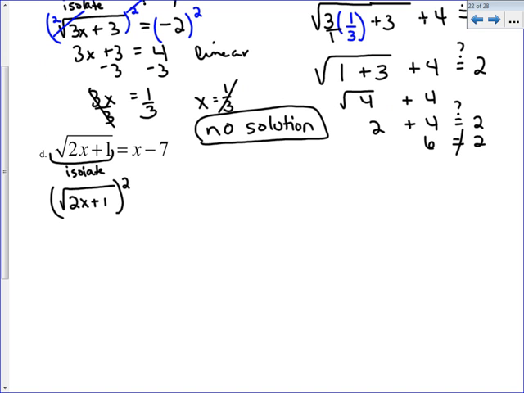As I mentioned before, we don't just square terms. We square entire sides. So when I go to the right side, I put the whole thing in parentheses, and I square it. Just like we put the left side in parentheses and square it, we put the right side in parentheses and square it.